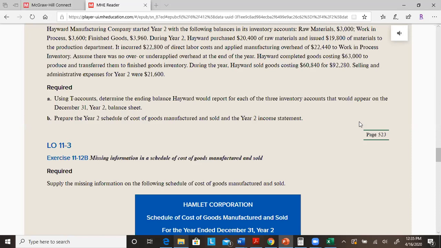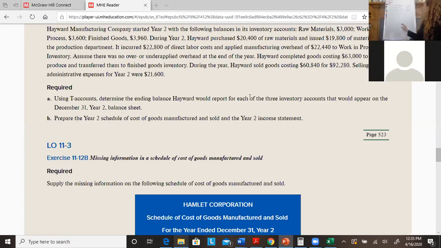Ending balance, subtracting out 36. Good. So that means my raw materials is 19,800. Everybody can see this. Okay.